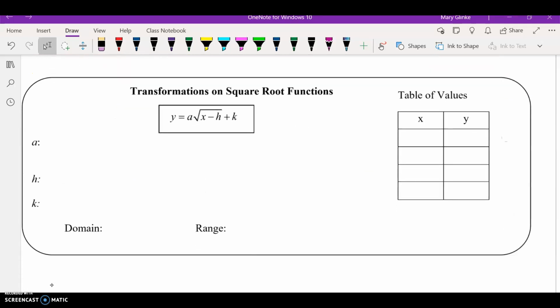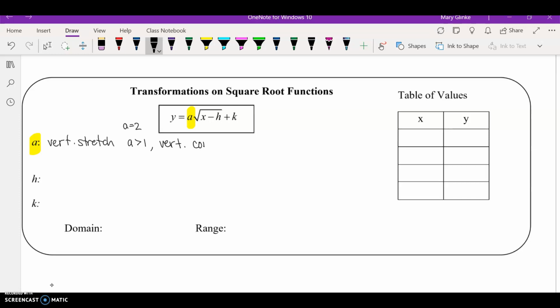So the first thing is you're going to have the square root. Your a value out in front is just like your a value when you did quadratics. So this is going to be a vertical stretch if your a value is greater than 1. So for instance, if your a value is 2, it's a vertical stretch.